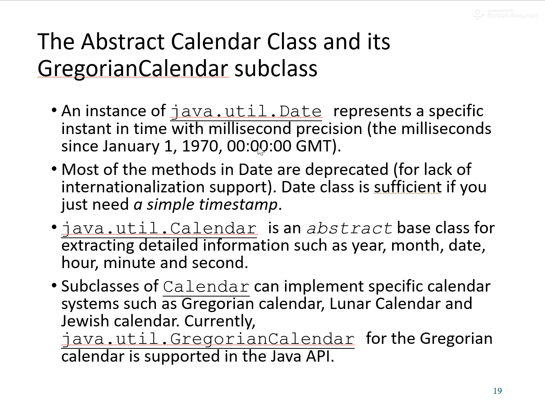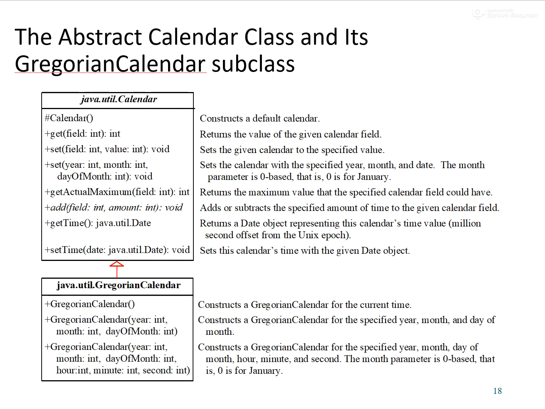Obviously, there are other calendars in the world. For example, the Islamic lunar calendar, there's the Jewish calendar, there can be other calendars, I imagine. All of those calendars, like the Gregorian calendar, will be subclasses of the abstract calendar class. So they'll be sitting somewhere here in parallel to the Gregorian calendar class down here.